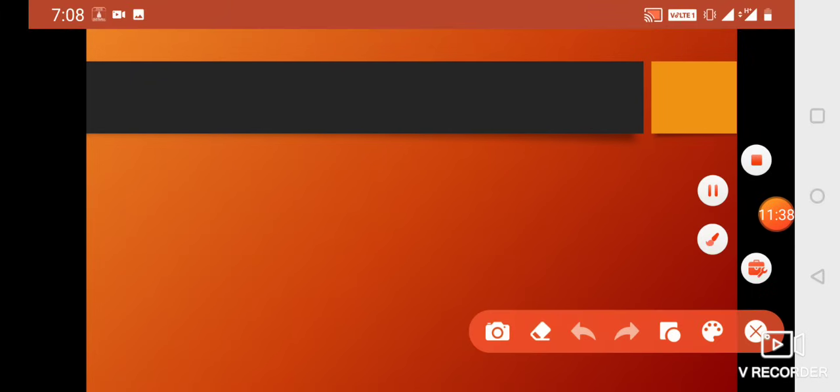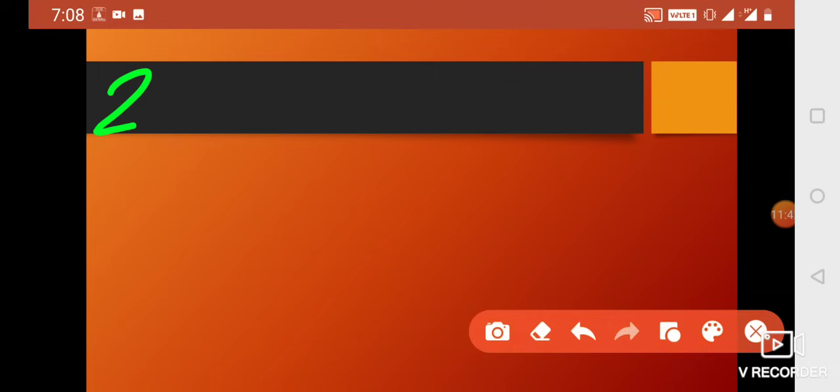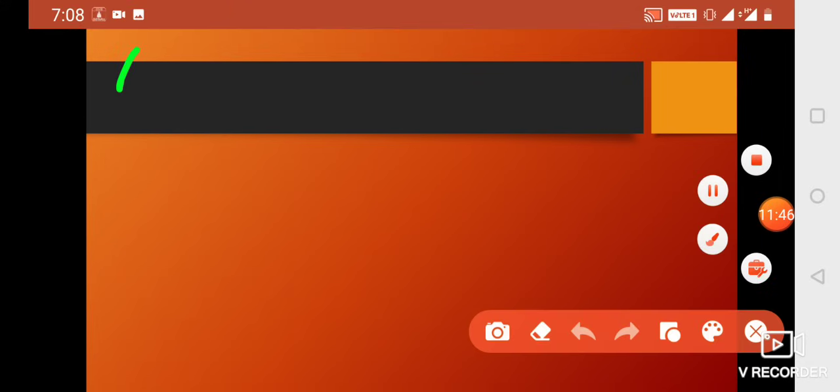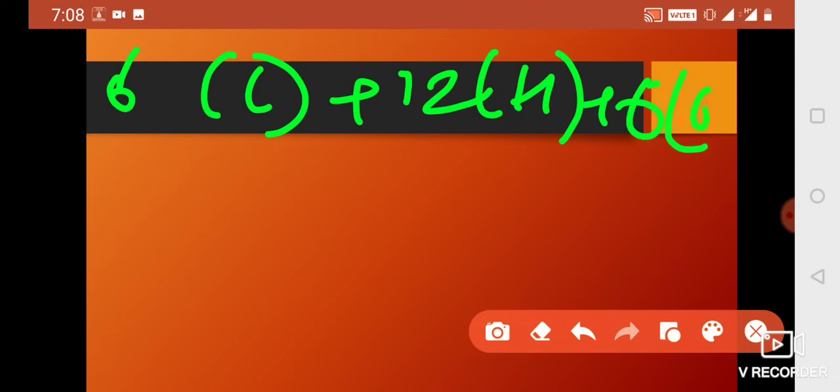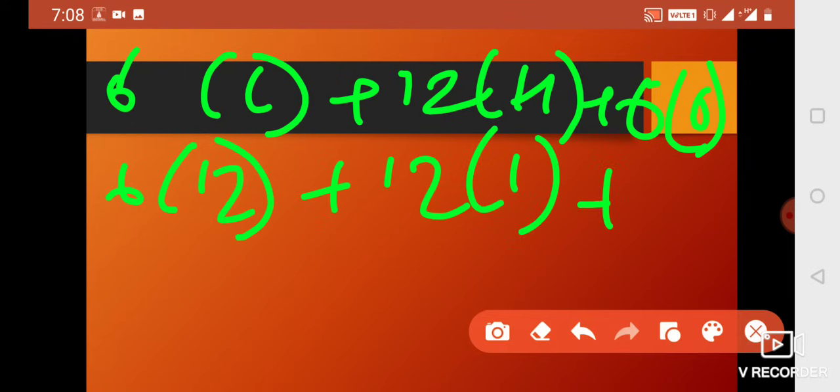Now let us take glucose. Okay, glucose formula is C6H12O6. Now 6 into 12 plus 12 into 1 plus 6 into 16.